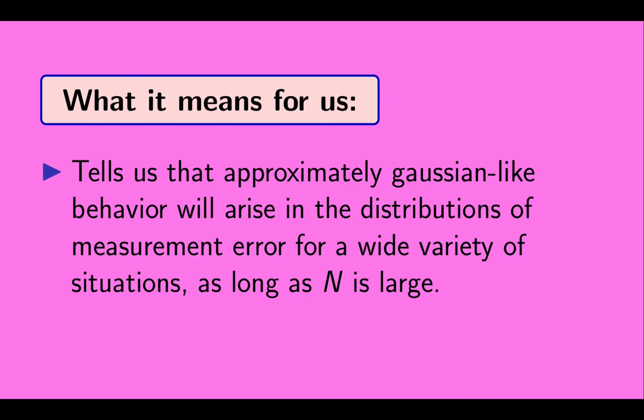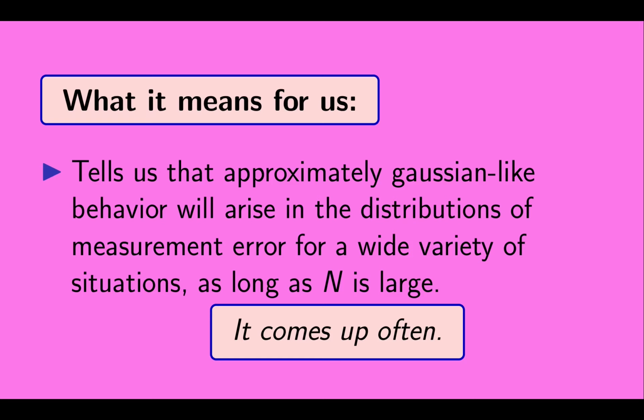So what this means for us is this. It tells us that approximately Gaussian-like behavior will arise in the distributions of measurement error for a wide variety of situations, as long as the number of sources of error is large. This behavior, at least as a reasonable approximation, comes up often.